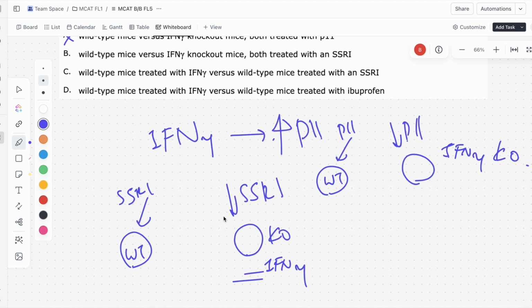Do we see the increase in P11 that we would see in the wild-type mice, right? Depending on whether or not you see an increase or no increase in P11, that will give you insight into whether IFN gamma is needed for SSRI-induced P11 increase, or it is not needed. So B so far checks out to be a pretty good answer.